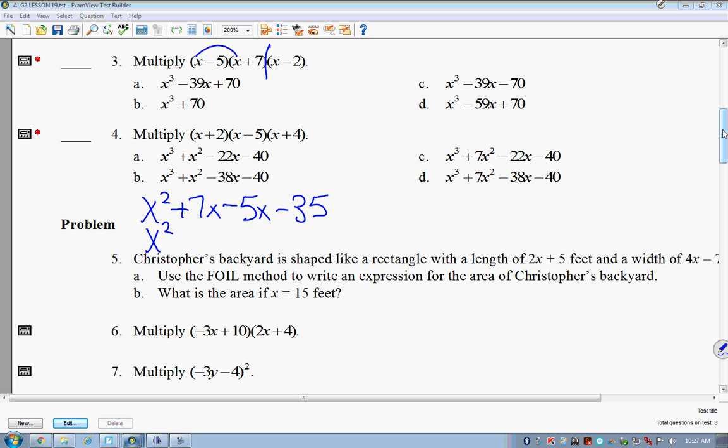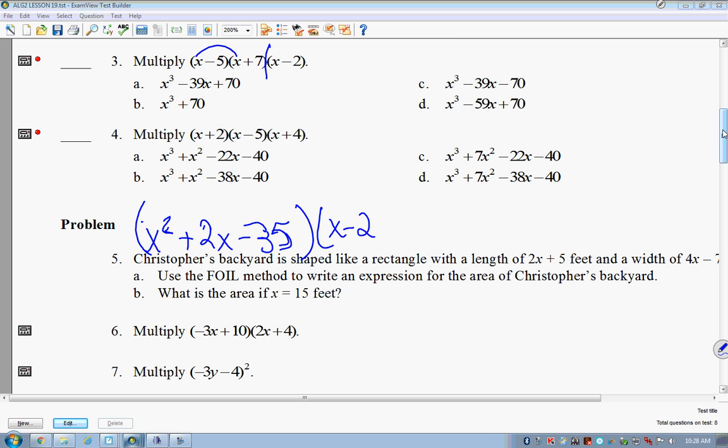X squared plus 2x minus 35, right? Okay, so I'm going to erase that because we've combined those like terms. Now I have to take, let me fix this, okay.